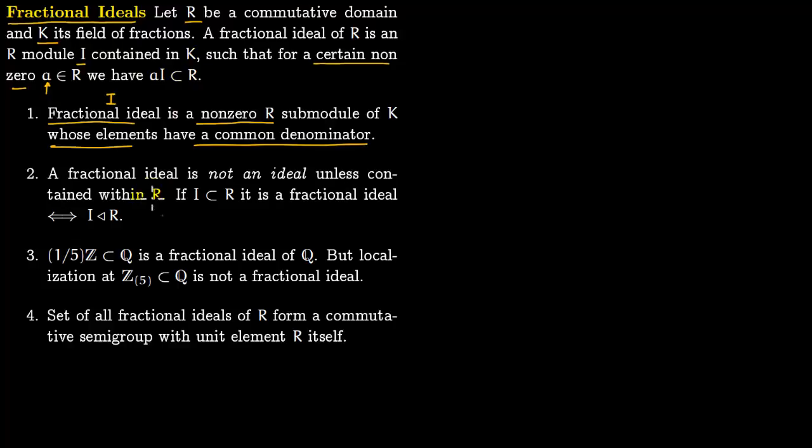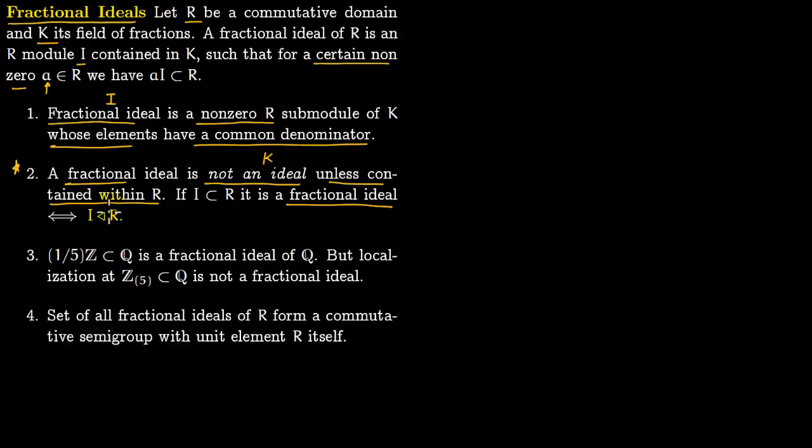Important point number 2 here, this is very important: a fractional ideal is not an ideal if you are considering it in the entire field of fractions K, but if it is contained within R, then it is an ideal. So if I is a subset of R, it is a fractional ideal if and only if I is an ideal in the underlying ring R. This is important.